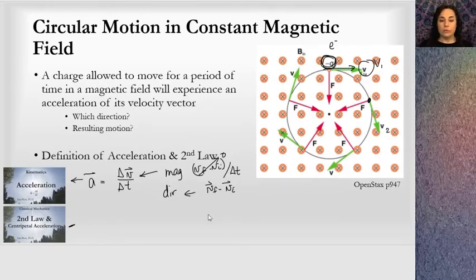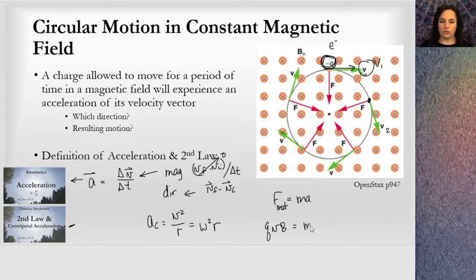What we're going to remember is that the centripetal acceleration, a centripetal, we can remember as v squared over r, or we can also remember it's omega squared r for circular motion. And when we apply Newton's second law, the net force equals ma, I can say that the net force is the force from the magnetic field, qvB, and we're going to note that the velocity and the magnetic field are perpendicular to one another, so it's sine 90, so there's a 1 in there.